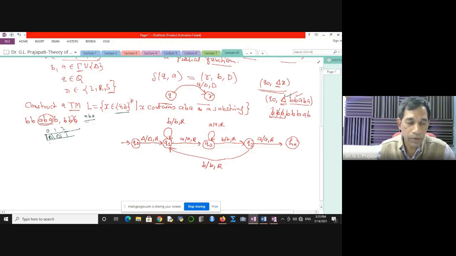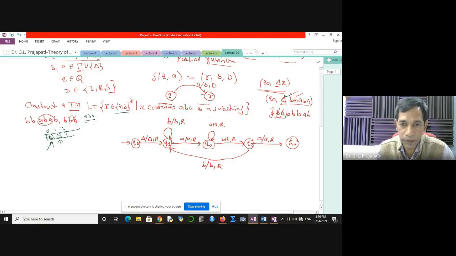So once you say blank replaced with blank, go to the R, at the beginning your tape head is at this place, then it moves to the right. R means you are going to the right. And again if you find the blank symbol, then this is not in the language, because this is the null string and it does not contain ABA.